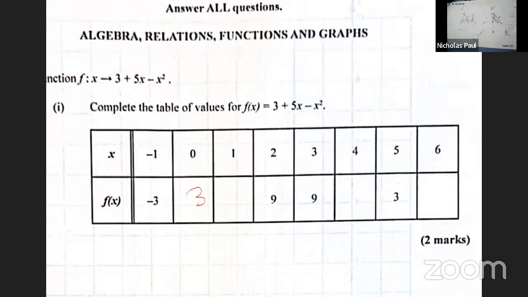When x is 1, what you got? Anyway, we'll see it when you plot. When x is 4, what you got? How much? And when x is 6? Negative 3. Nice.